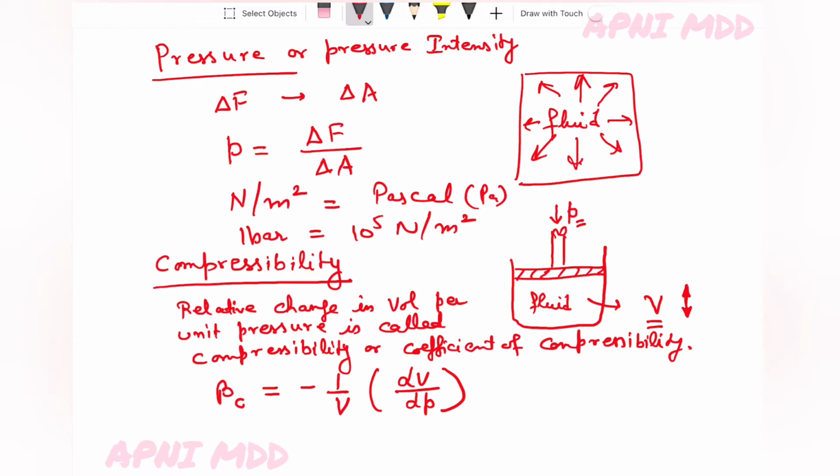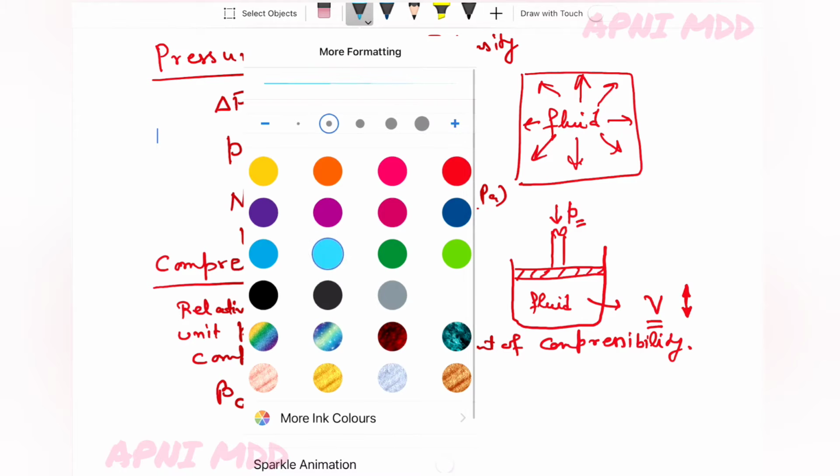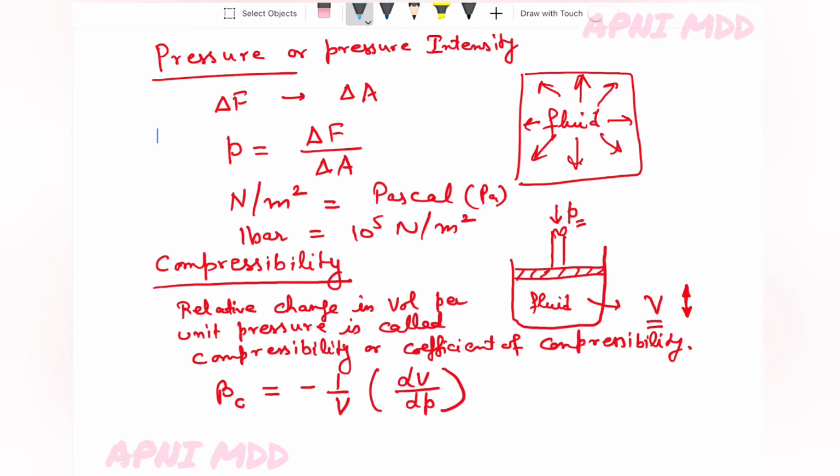Okay, now here in this formula, dV is the change in volume. dP is the change or small change in pressure. Okay, and this V is the original volume.